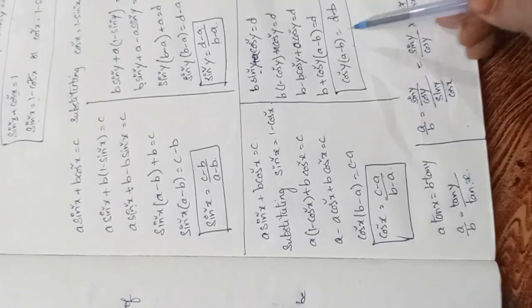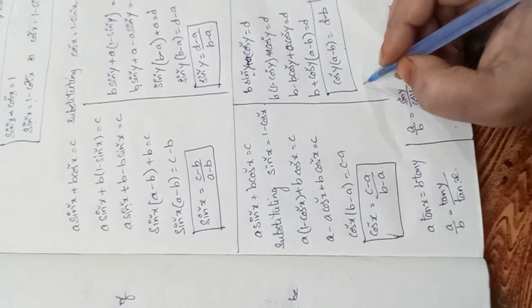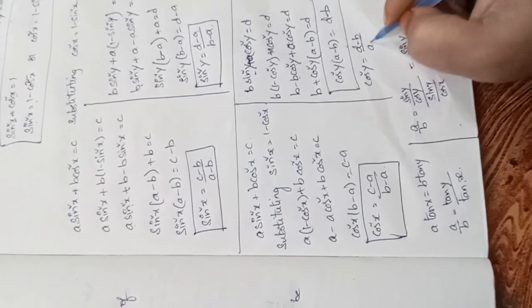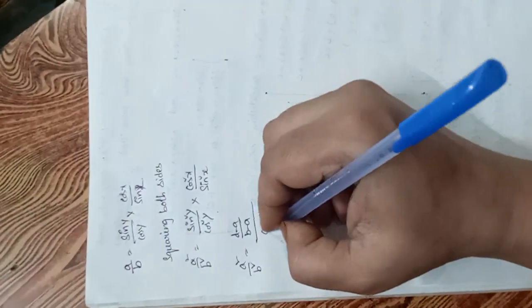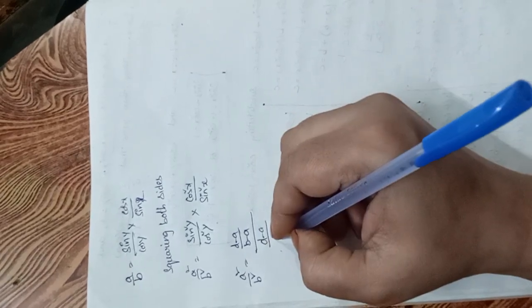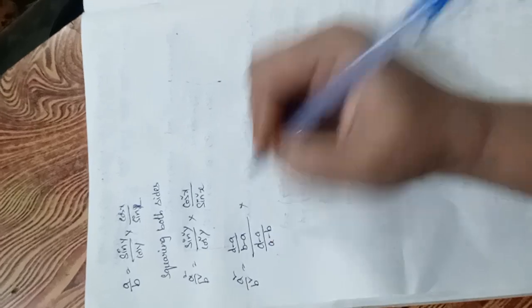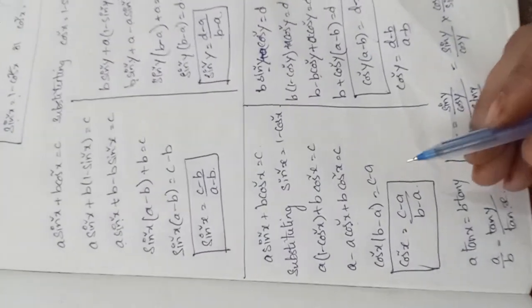Cos square y, here I didn't do it. So cos square y equals d minus b by a minus b. Into cos square x is c minus a by b minus a.